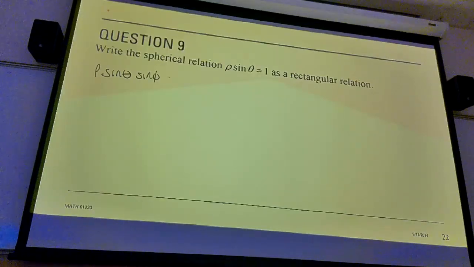And then we have to determine what is sine of theta in rectangular. We know what cosine of theta is. I'm just going to use rho, because I don't feel like writing out the square root of x squared plus y squared plus z squared.